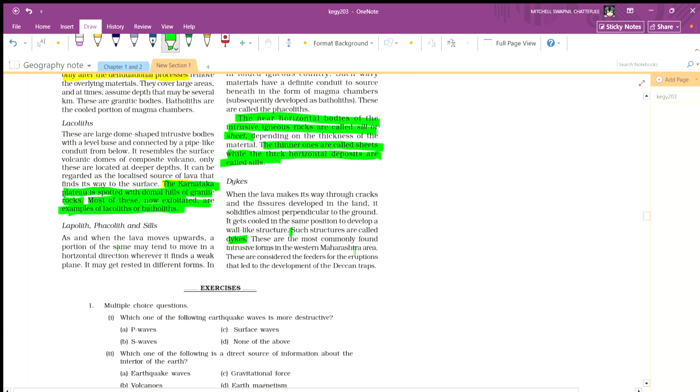These are considered the feeders of the eruption that led to the development of the Deccan Traps. So dikes are the most common.